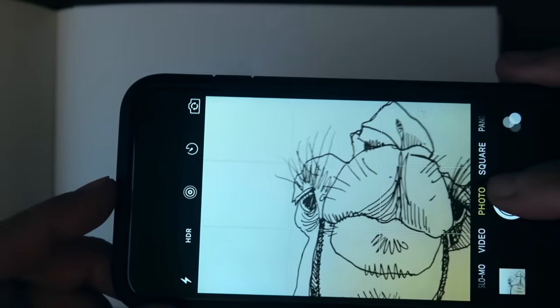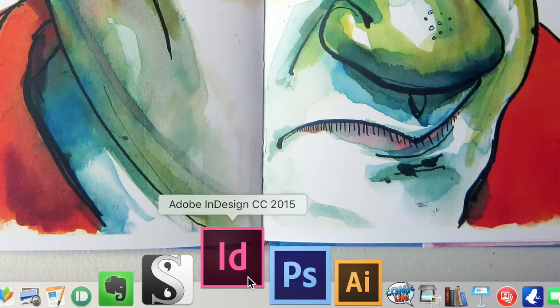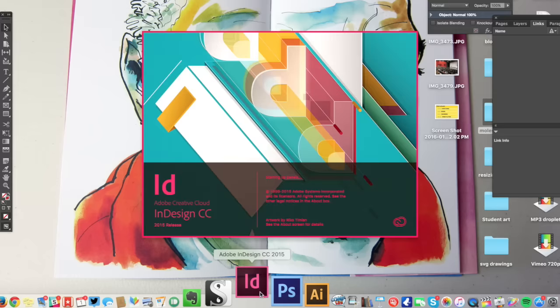But going back to stage 2, I had to figure out how to lay these out, because I'd done these drawings without really thinking about the big picture. So what I decided to do was to take pictures of each one with my camera, and then send them to my laptop and put them into InDesign, which is a page layout program.